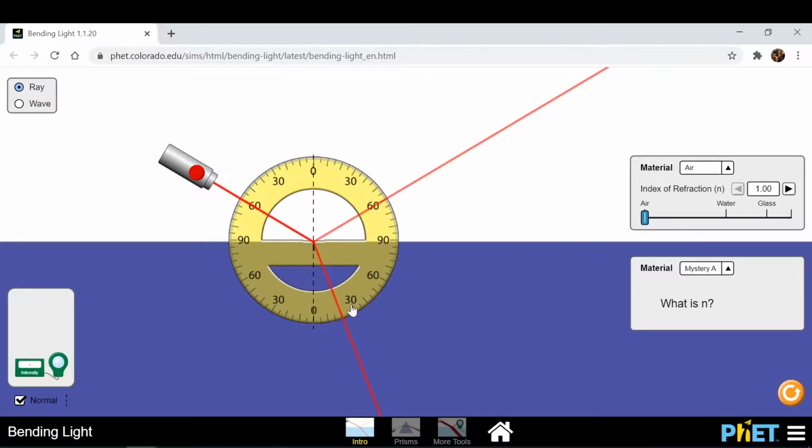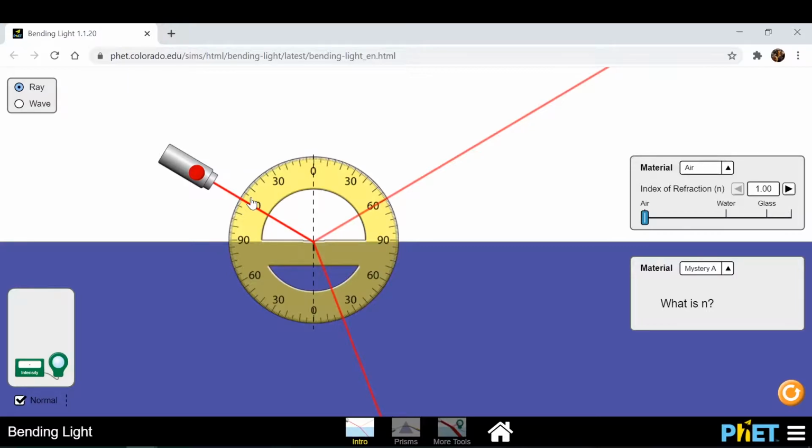Now, just because this is a simulation doesn't mean there's not uncertainty associated with these measurements. So we have our protractor here, which is similar to a ruler with millimeter divisions. So in this case, our protractor has very small divisions of 1 degree. So that means you need to consider the reading uncertainty of the divisions on your protractor.